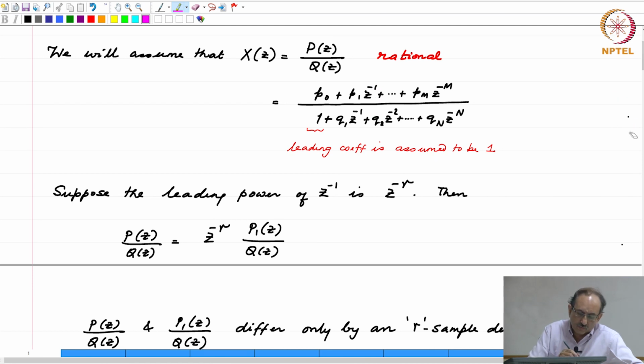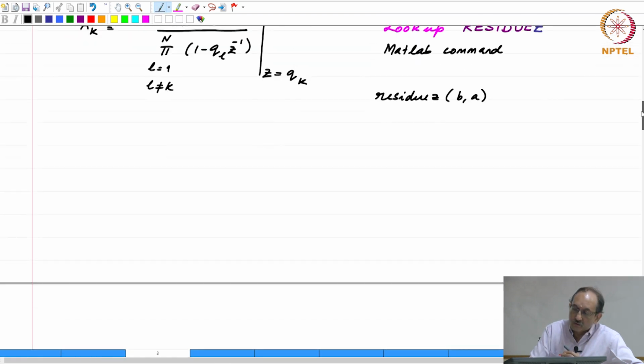In this case, it is powers of z inverse, that is why it makes sense to use this command in this context.